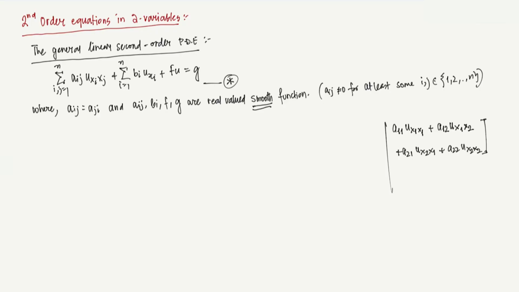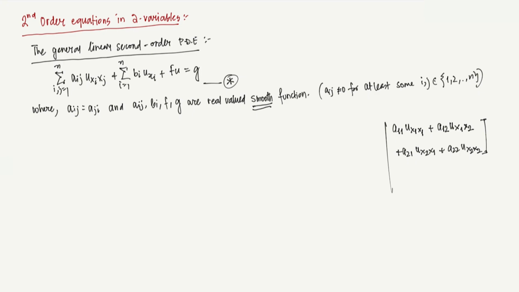Now in 3 dimensions you have a11, a12, a22, a33 and so on, with 9 terms involved. So you do realize that the higher the dimension, the more complicated it becomes.